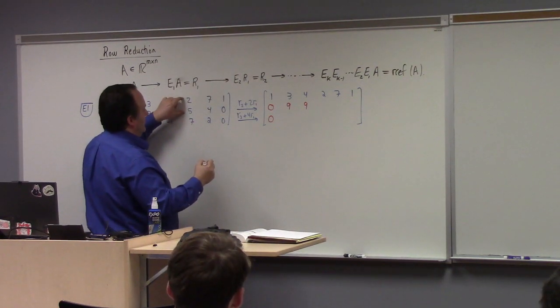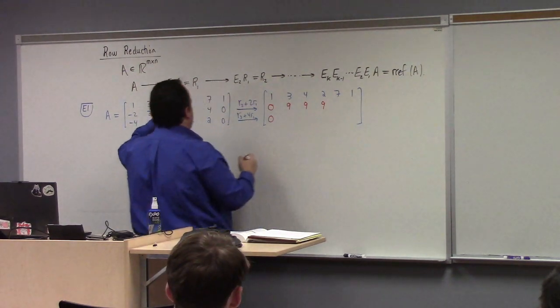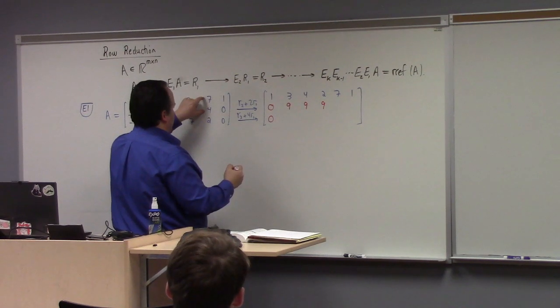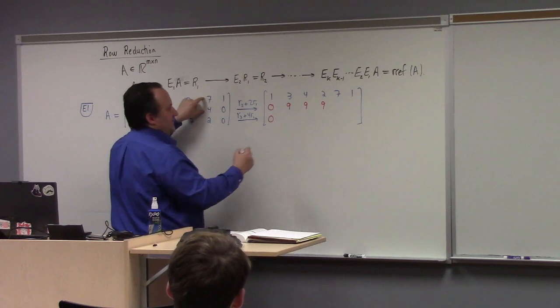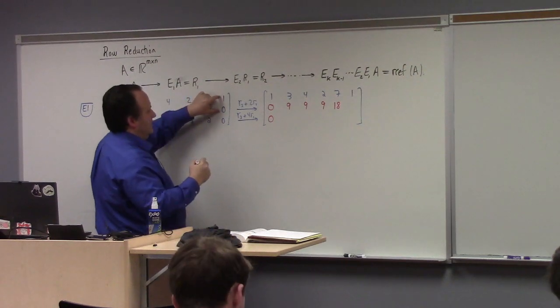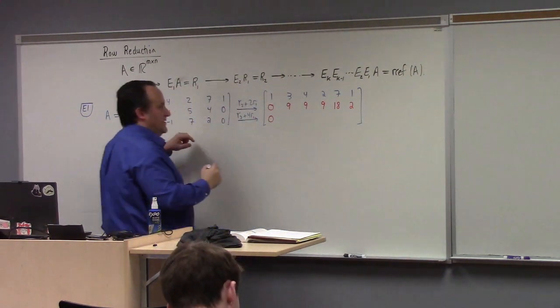Is that right? Row 2 plus 2 row 1. Ah, finally. All right, there we go. And then row 2 plus 2, 2? Okay, cool. And then what's next?